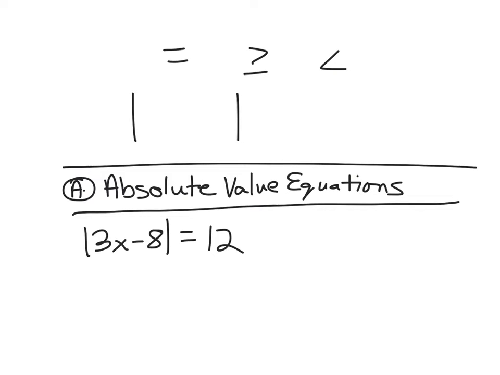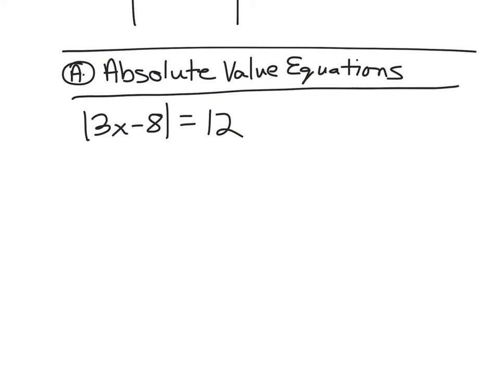Now, we're going to create a model for solving absolute value equations. So we'll do that beneath this line here. And to establish that model, we're going to go over here and do some thinking. So what I do over here doesn't need to be in your notes.